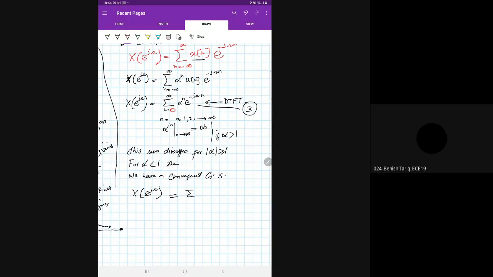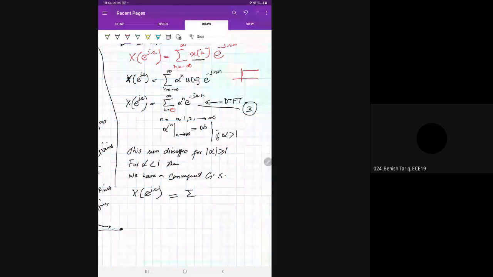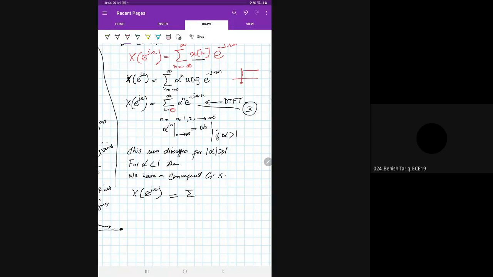Because u of n is always defined from 0 to infinity. For negative n the unit step function is 0, so the limits change when we apply u of n. So we have n equal to 0 to infinity. Equation 3 will become this. And you have alpha raised to power n, then e raised to power minus j omega n, both having n as the power.